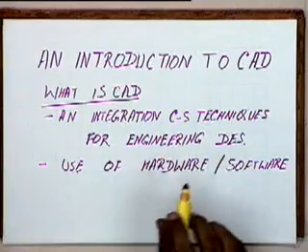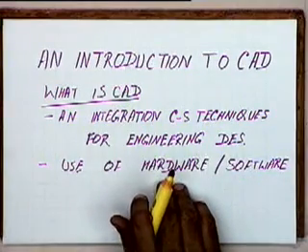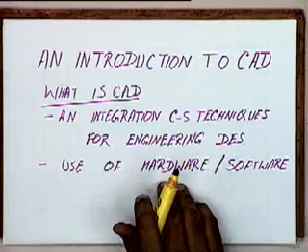When you are talking of hardware, different kinds of hardware have been used in terms of screens, and input devices like the mouse, which I think you are all familiar with. Other input devices may be a ball or a light pen, and other output devices like plotters. So different kinds of hardware are relevant, which are specifically meant for CAD activities. There are different kinds of software which have been developed, different kinds of modeling software. We will be talking of that in detail.